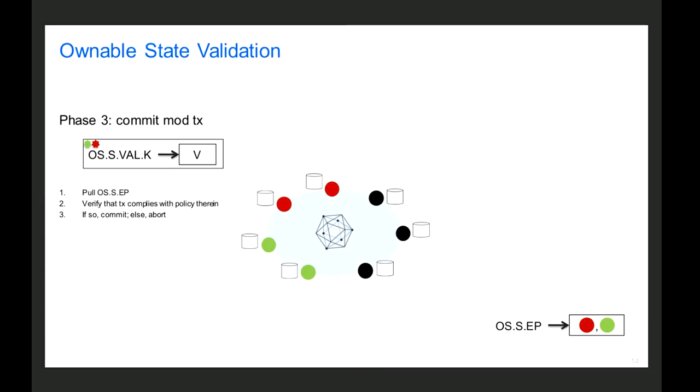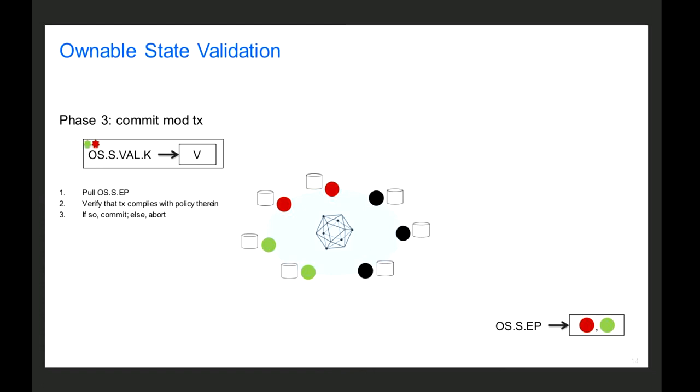And what happens at validation time essentially is that a custom validation chaincode is going to pull the endorsement policy of this ownable state S. So it looks up the endorsement policy on the ledger.